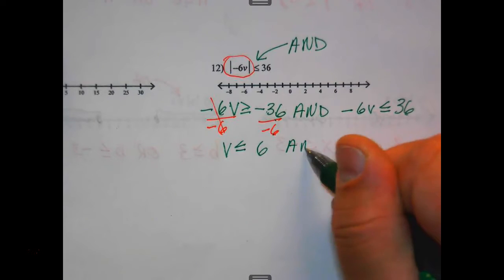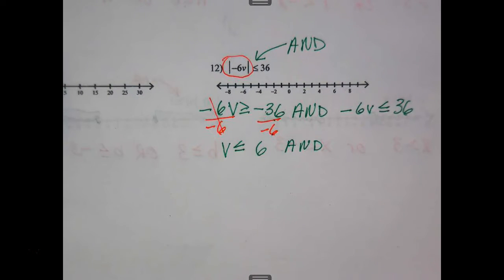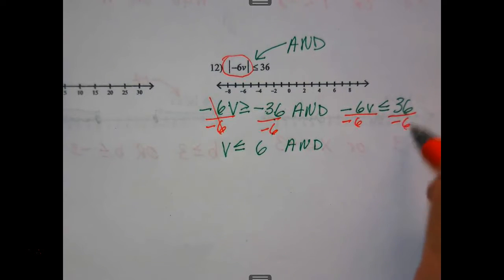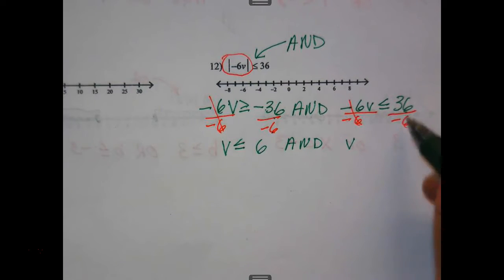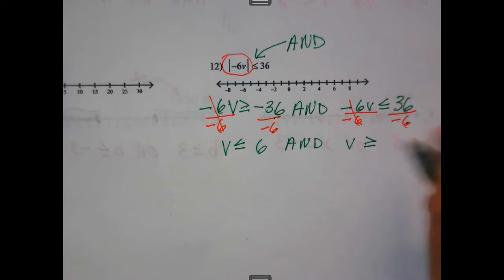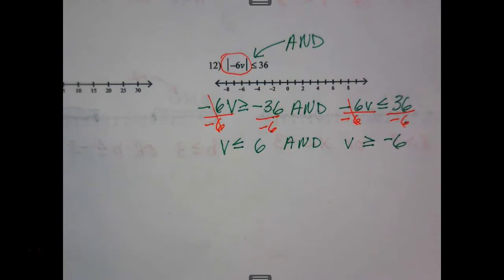It's still an and problem. Divide by -6, divide by -6. I get v. I'm dividing by a negative number, so I have to flip my sign. I get -6.